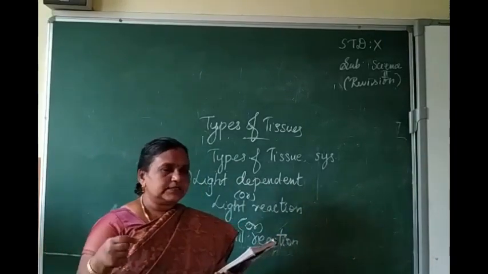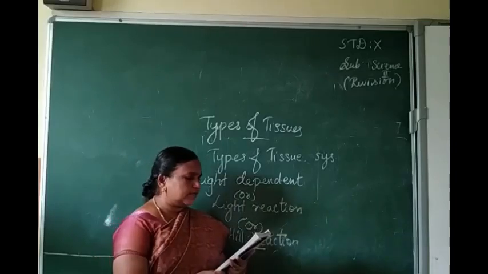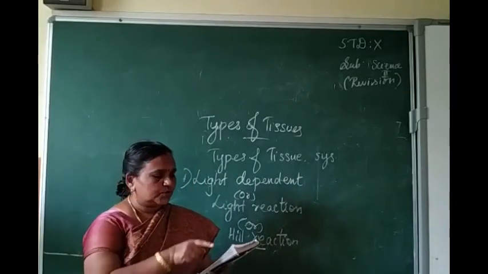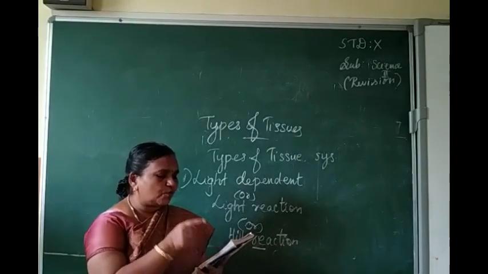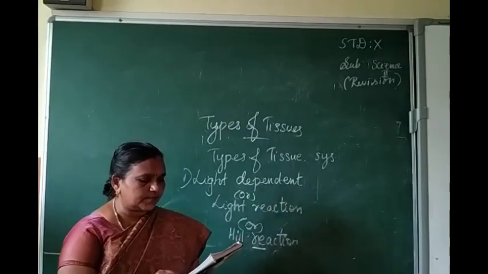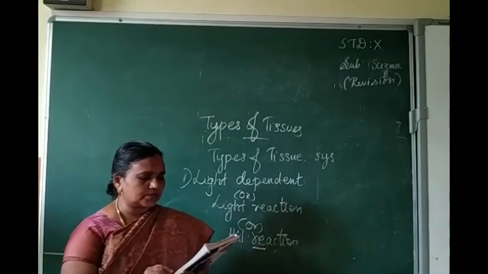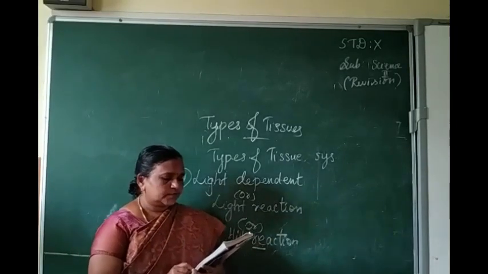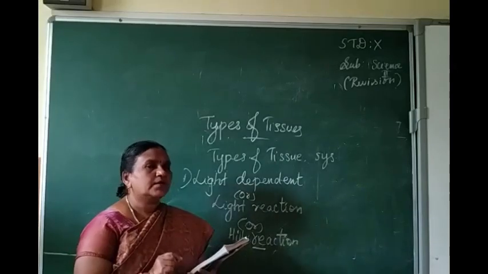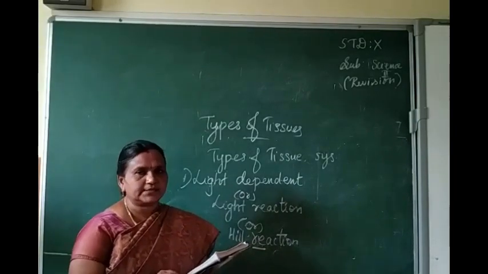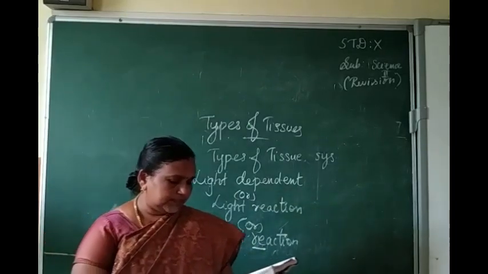Because this reaction was discovered by Robin Hill in 1939. So light dependent photosynthesis was discovered by Robin Hill. Underline that scientist name, that is also one word. It occurs in the presence of light energy in the thylakoid region of the leaf. Next question.